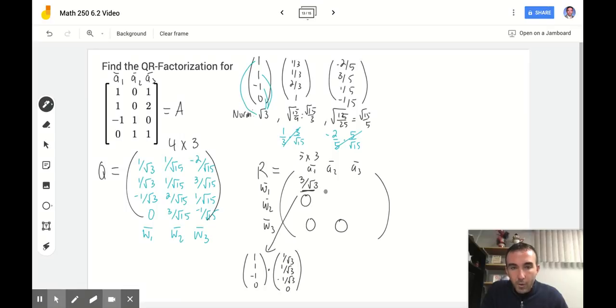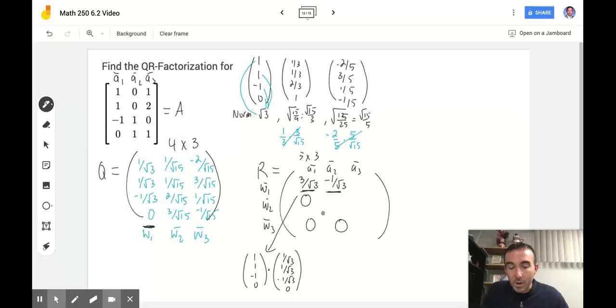For the next entry here, I find the dot product of W1, again, this column, with the second column of A. That's a little bit easier because I have 2 zeros in A2. So I get 2 zeros right away. Then I have negative 1 over radical 3 by 1. And the last entry is a 0.